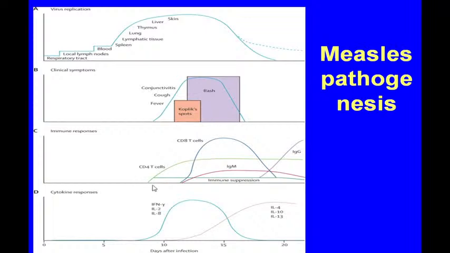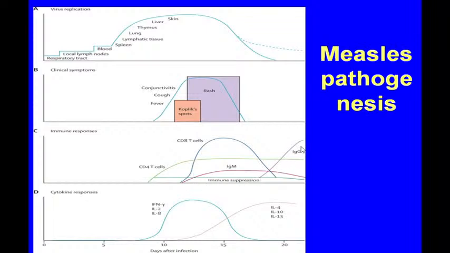And here you can see that IgM will be produced first, and it coincides with the rash development, and as a result of this we understand that the rash appears not because of the direct activity of the virus, because this virus is not cytolytic, but because of the antibody-mediated immunopathological reaction that causes damage to the epithelial cells.